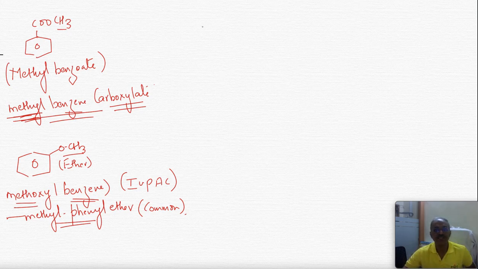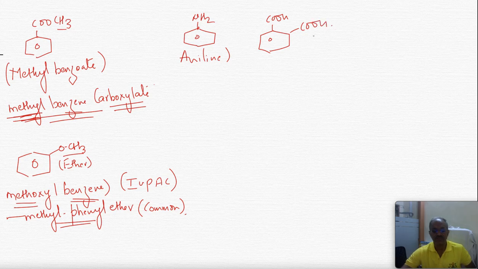Right, now we will see a few examples where there is no carbon atom, just normal. NH2 is known as aniline. These are important things. Aniline. Then take for example, here COOH.